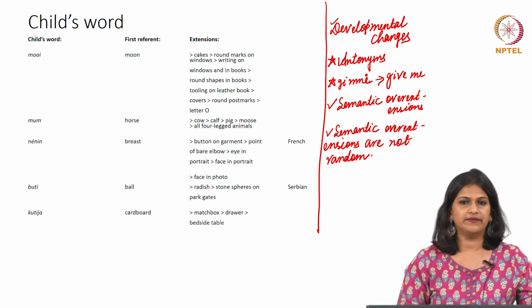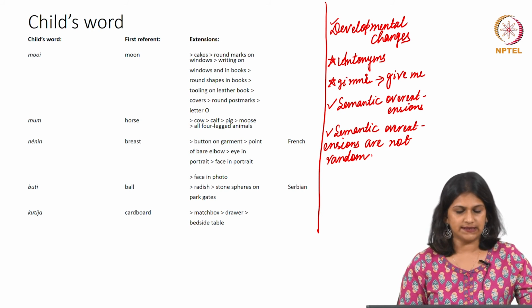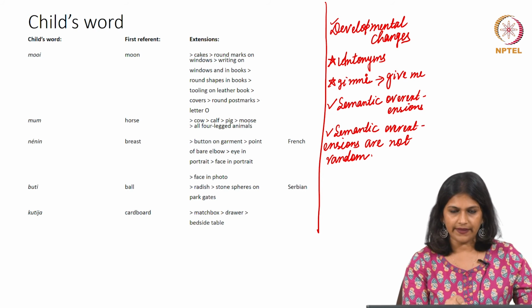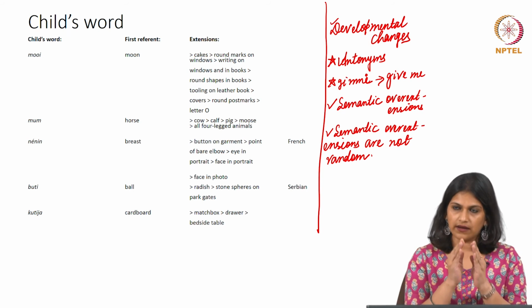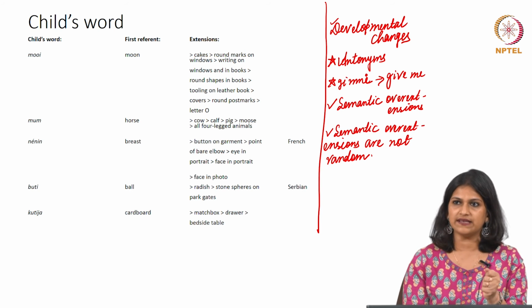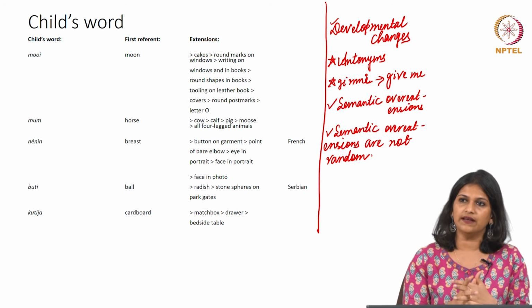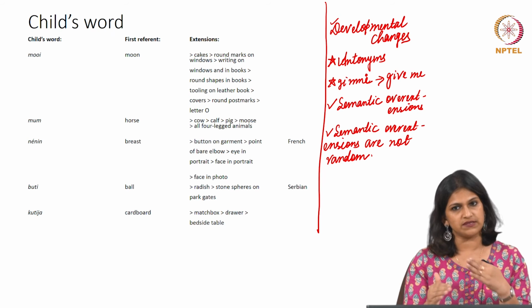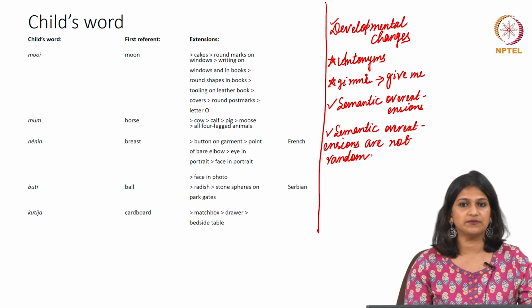In the examples that we have here, be it moon or horse or breast or ball or cardboard, you can see that there has been some relation. Moon and the letter O have some semantic relation: the letter O has a shape similar to the moon. So obviously, if the child is associating moon with the letter O, there must be some sort of overlapping, especially in the case of shape, right.